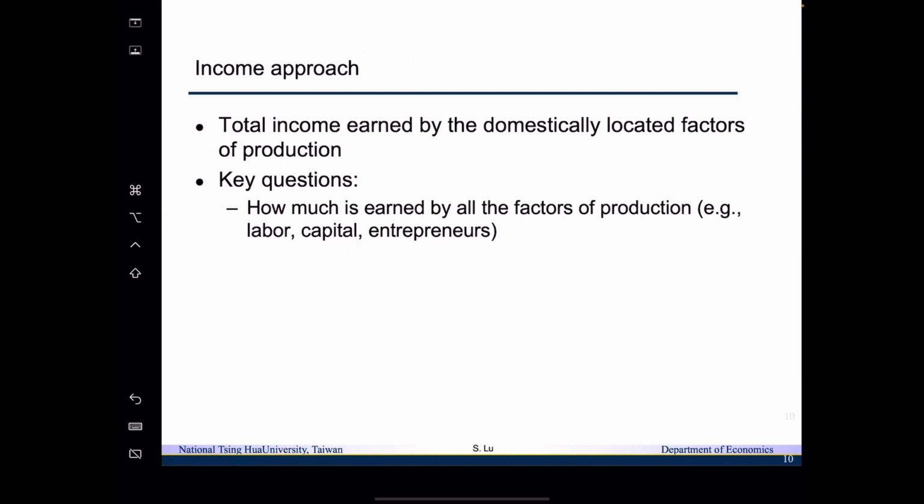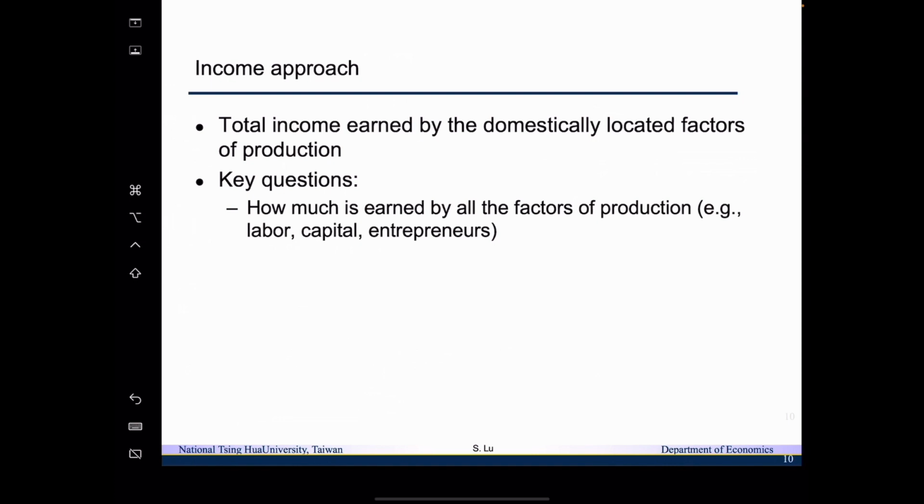And then the payment to labor will be wages, the payment for capital will be interest, the payment to the landlord will be rent, and the payment to the entrepreneur will be profit. Therefore, when we want to come up with the GDP from the income approach, we need to add up the wages, the interest payment, the rent payment, and also the profit.